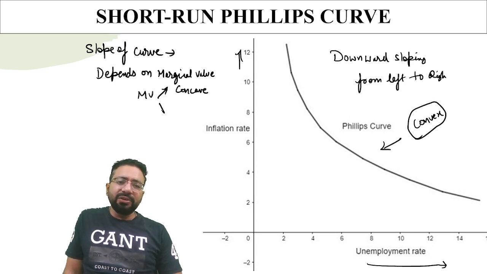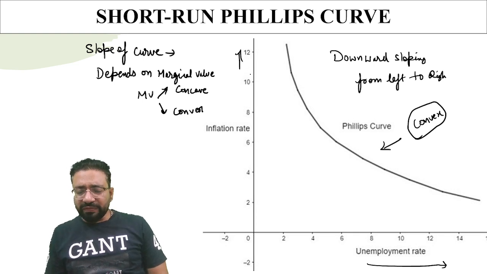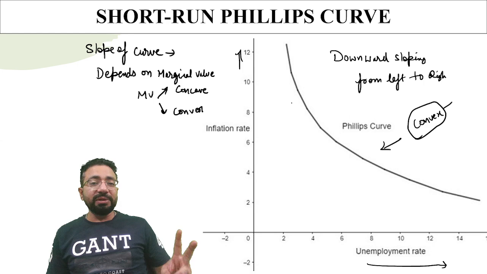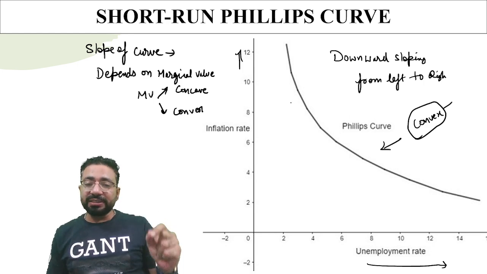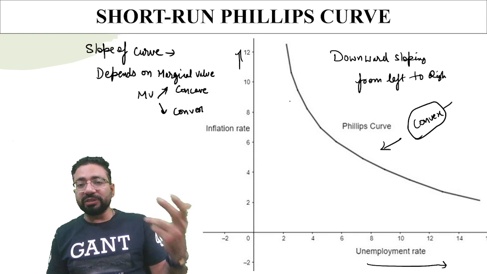If the marginal value is falling, then slope would be convex. Here, marginal value is falling. If the inflation rate is rising, unemployment rate is falling. That means both have negative relationship. When will marginal value fall? When two variables have negative relationship. When will marginal value rise? When two factors have positive relationship.